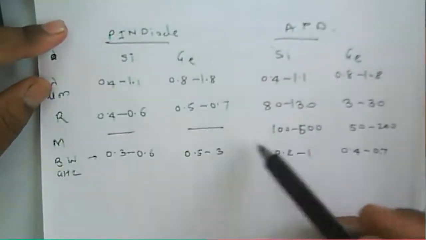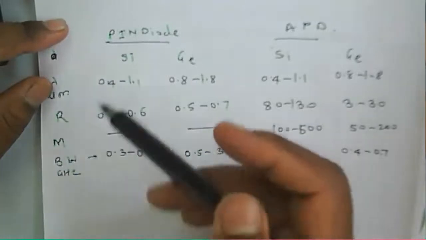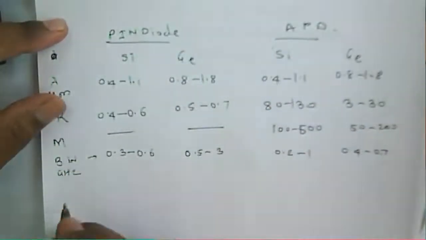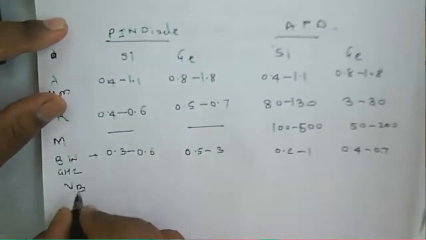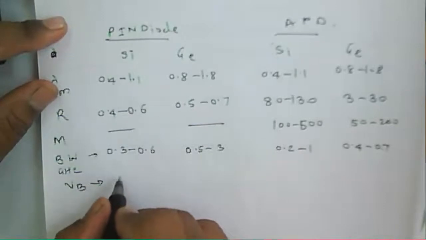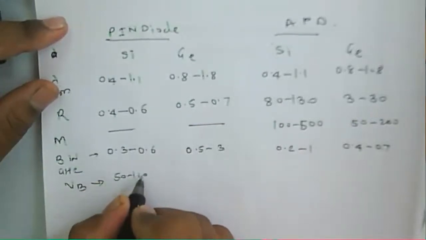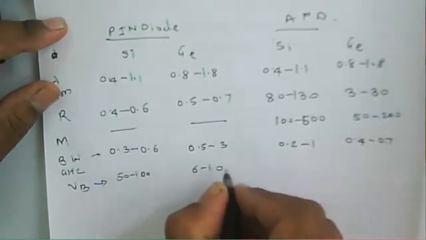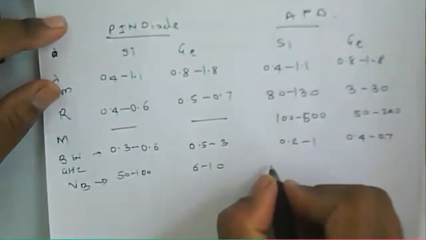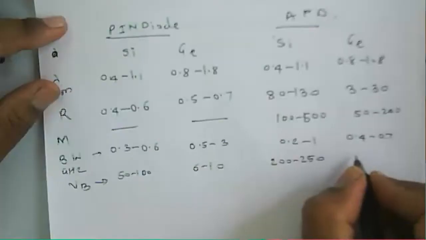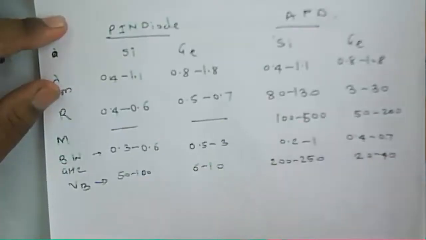Why? Because the applied bias voltage is different for this pin diode and APD. So if you consider the reverse bias voltage applied for this pin diode, it is about 50 to 100, and here for the germanium it is 6 to 10, and for the avalanche photodiode it will be 200 to 250, and it will be 20 to 40 there.